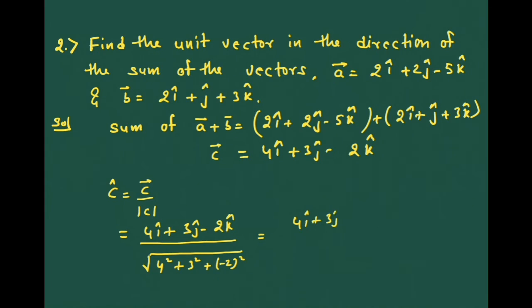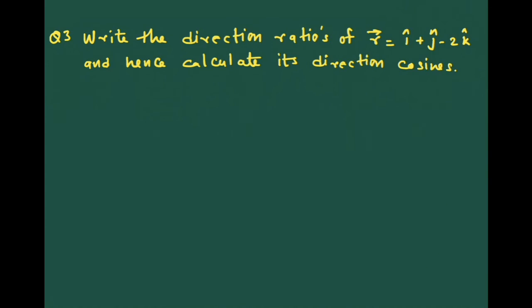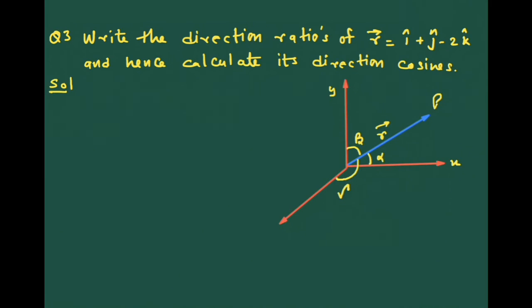It is equal to 4i cap plus 3j cap minus 2k cap upon root 29. So this is the answer of question number 2. Now next question is, write the direction ratios of vector r that is equal to i cap plus j cap minus 2k cap, and hence calculate its direction cosines.